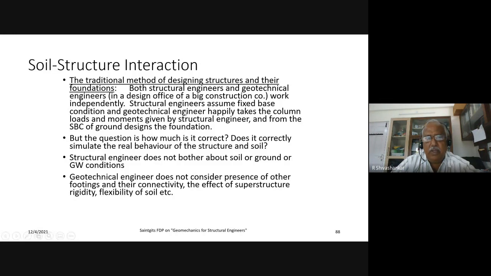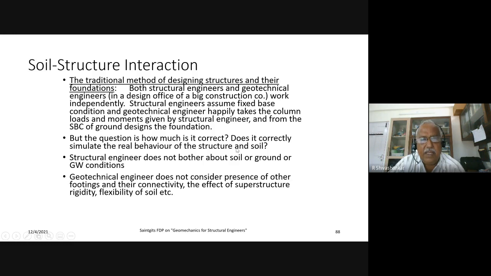He uses all wonderful software and gives some forces and moments. He assumes a fixed base, and is not worried about the type of foundation, the type of soil. And the geotechnical group will take that load and design a foundation as if the failure of one foundation will cause the failure of the entire structure. I told you that's not the case.